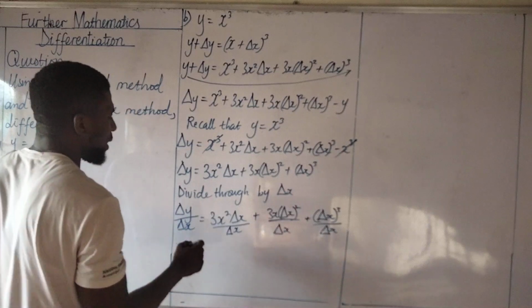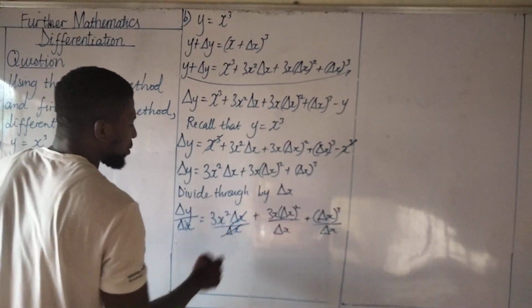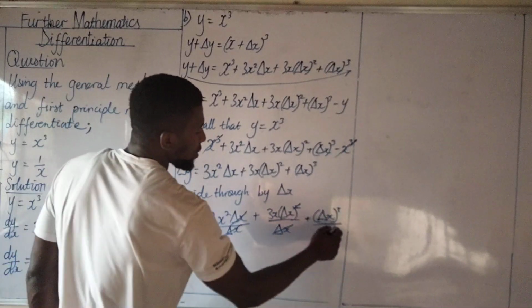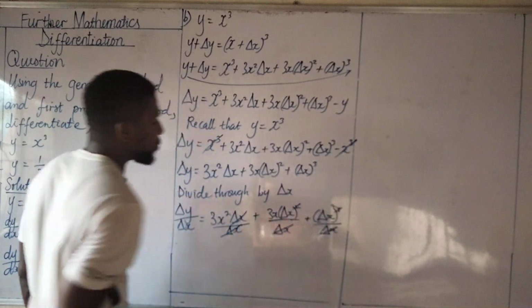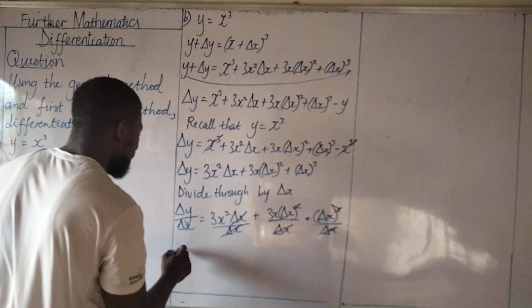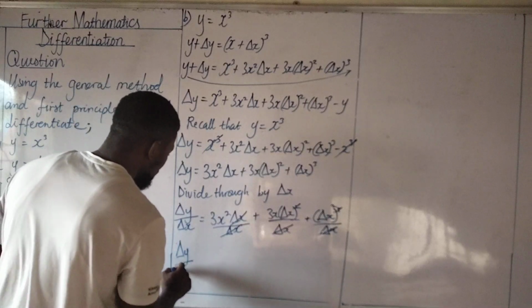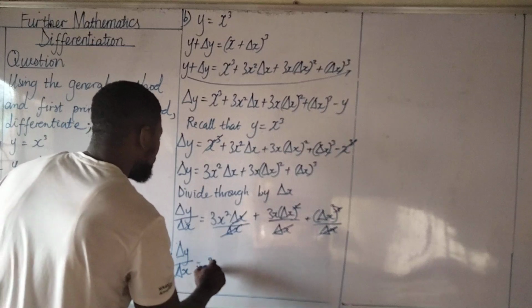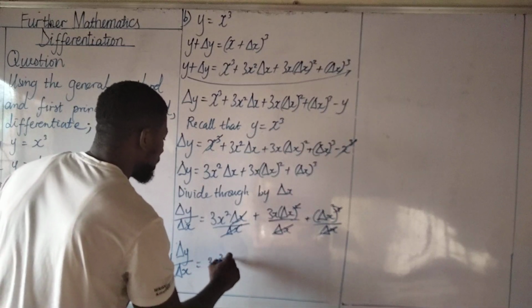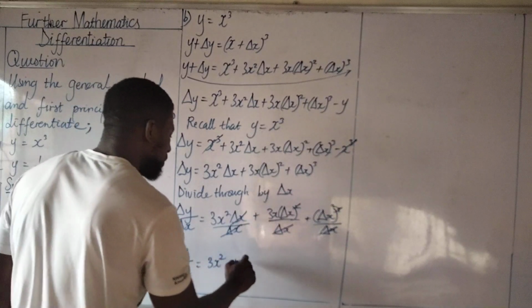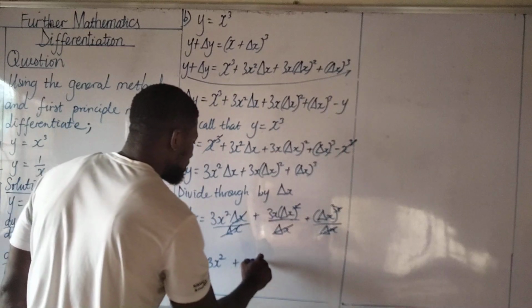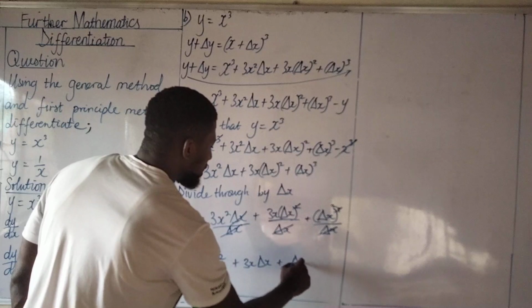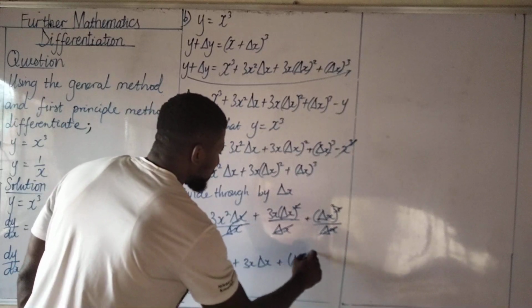So when that happens, this change in x cancels out, this change in x cancels out, this change in x cancels out, remains what? So our change in y over change in x will be 3x squared plus 3x change in x plus change in x all squared.